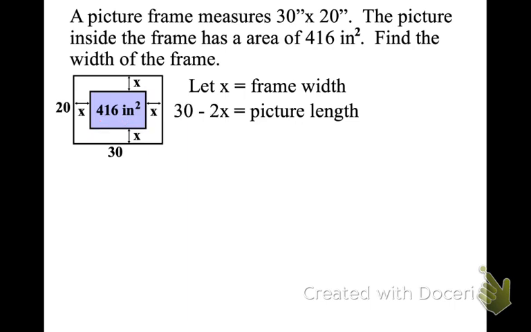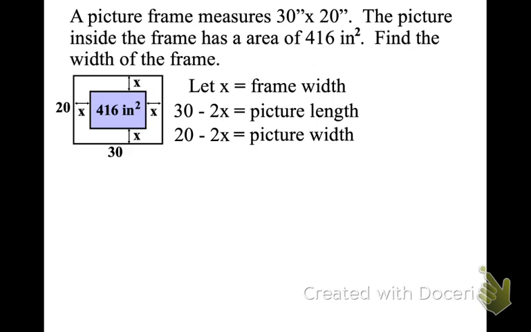And then we can figure out the width as well, because the whole width of the frame is 20. So we can take the 20, and remember, you're going to also do another 2 minus 2x's. So it's 20 minus 2x. Okay? Now we're going to use our area formula. The picture inside the frame has the area.